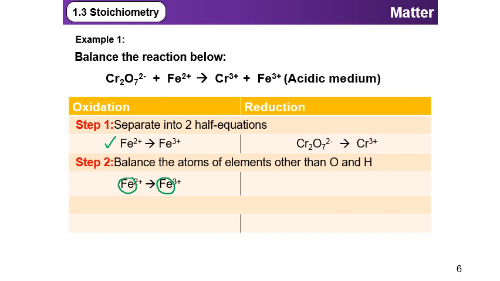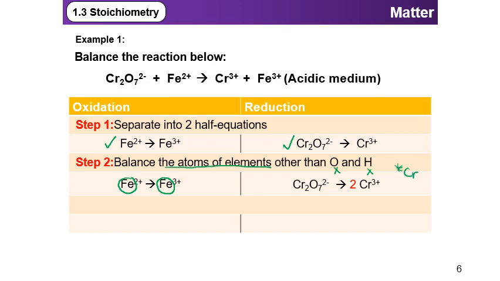Then we focus on the second half equation, Cr2O7 2-. We want to balance atoms of elements other than oxygen and hydrogen. Here we can see there are chromium and oxygen, and our focus at this moment will be chromium.